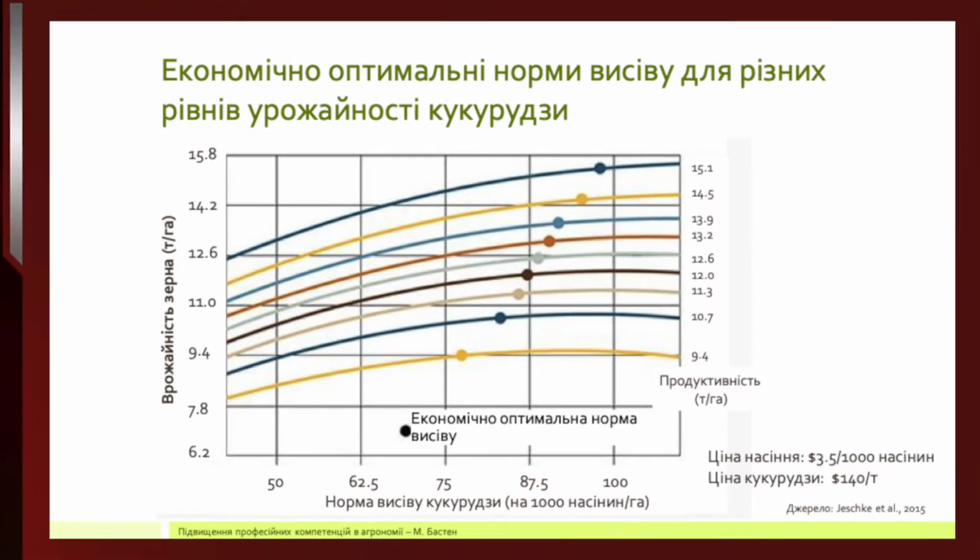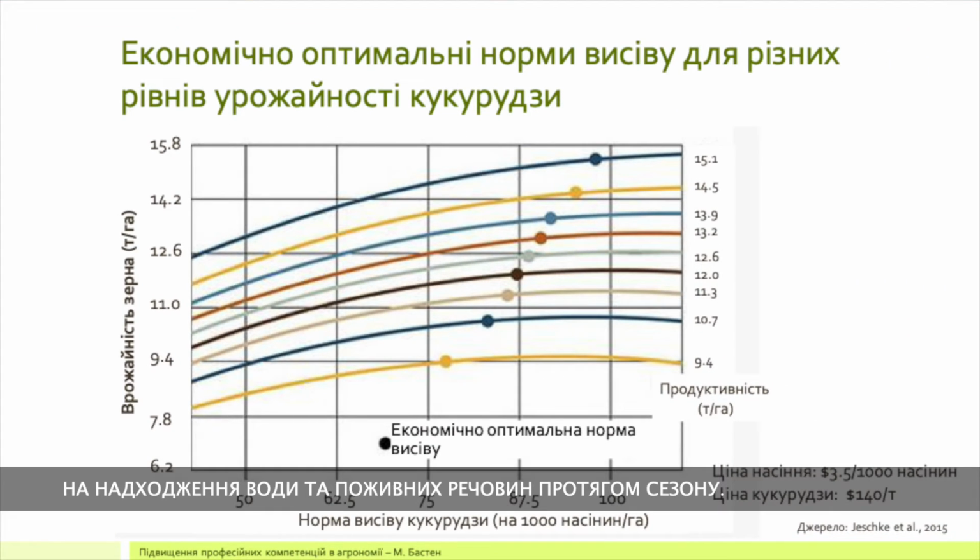What we also see is that the slope is not very steep, so quite often we see very flat response curves to the seeding rate, and this is based on the elasticity of the different yield components of a corn or even sunflower crop to respond to the supply of water and nutrients during the season.